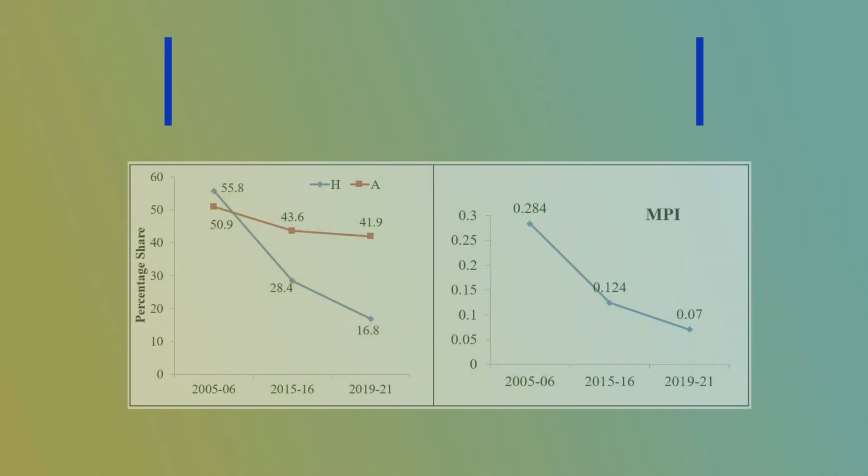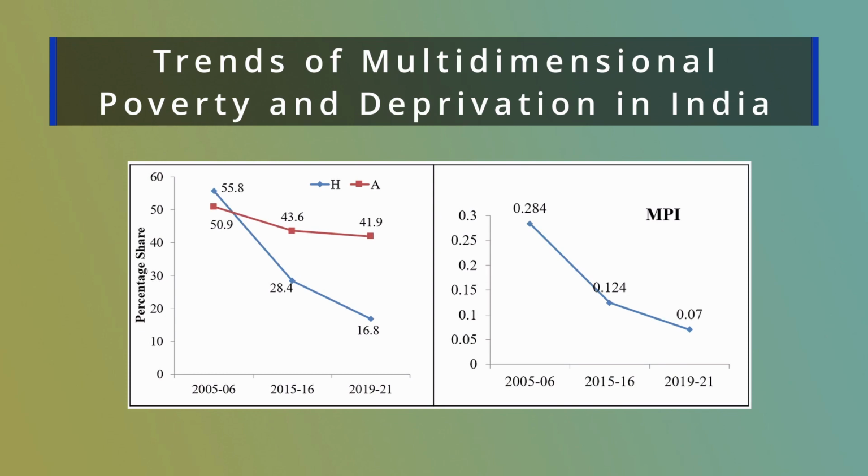Now we explain the trends of the measurement of multidimensional poverty, specifically the headcount ratio, intensity of poverty and multidimensional poverty index. The headcount ratio decreased from 55.8% to 28.4% in 2015-16 and further to 16.8% in 2019-21.